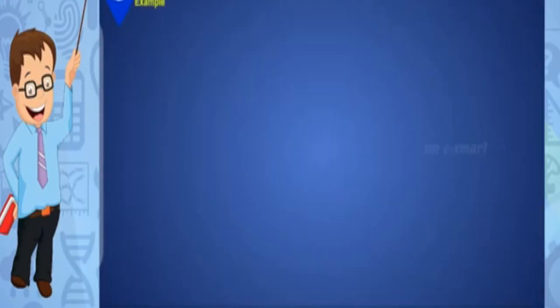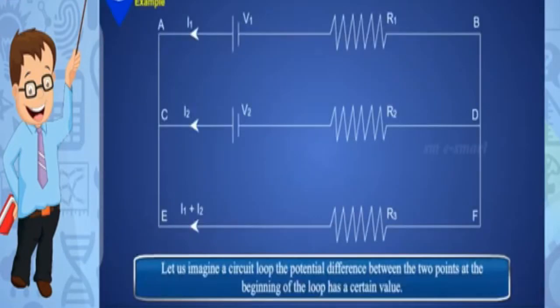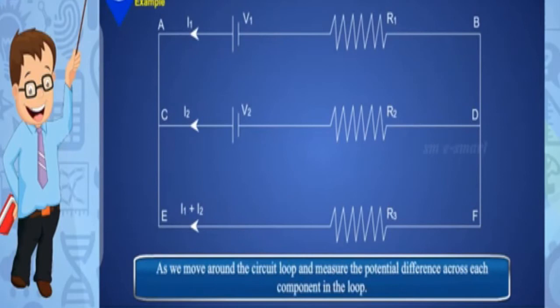Example, let us imagine a circuit loop. The potential difference between the 2 points at the beginning of the loop has a certain value. As we move around the circuit loop and measure the potential difference across each component in the loop, the potential difference may decrease or increase depending upon the nature of the element, like a resistor or a battery.